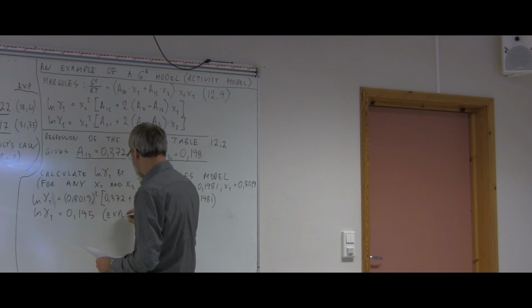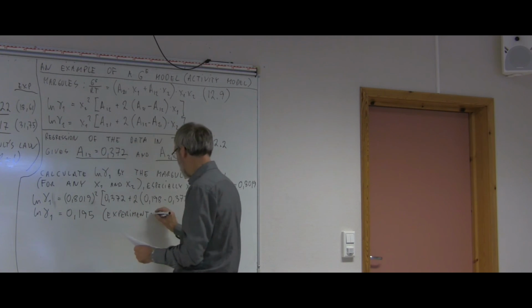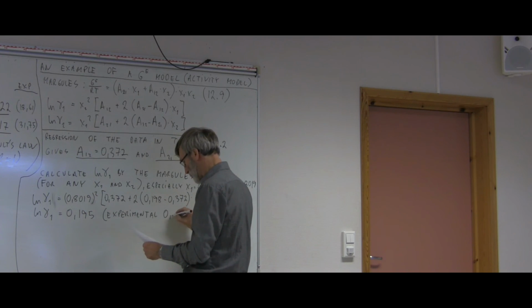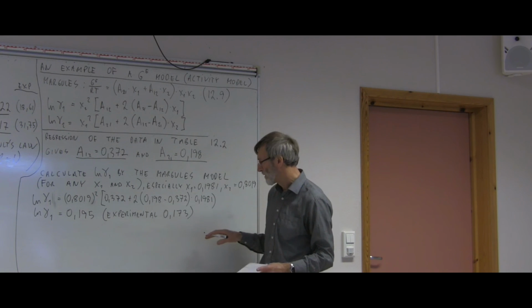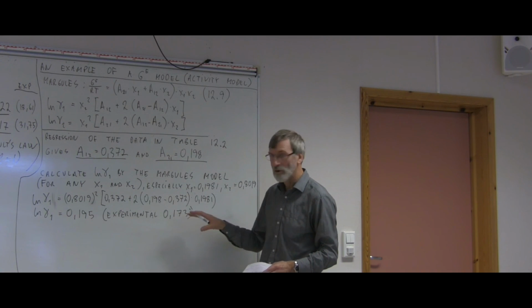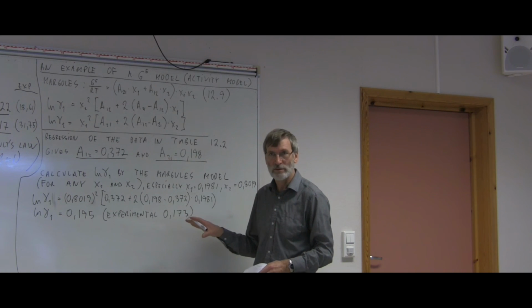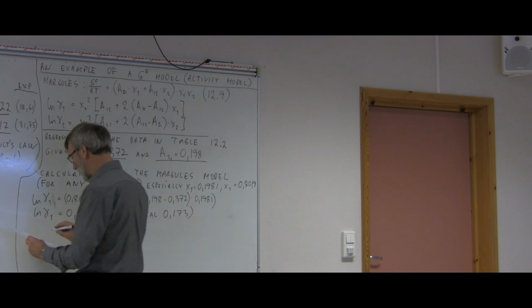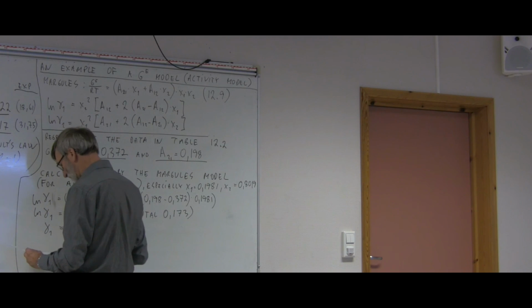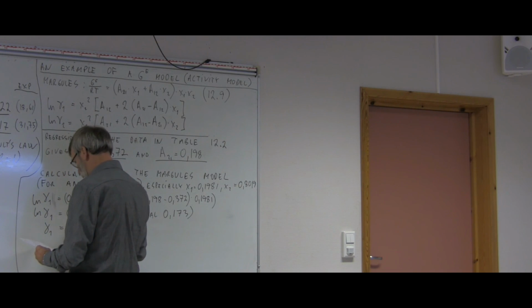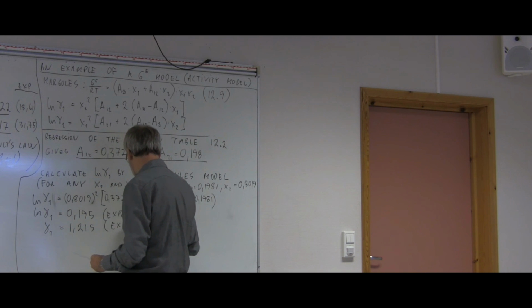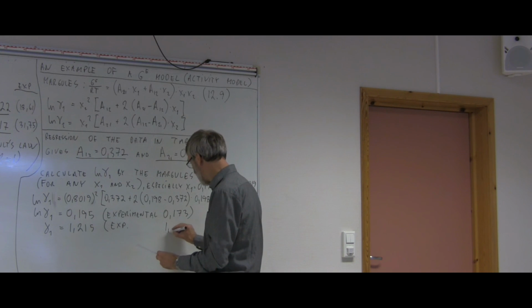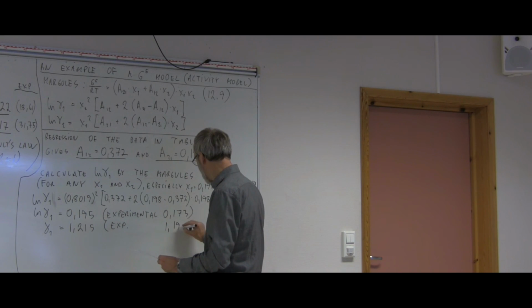We can compare that to the experimental 0.173. I feel more comfortable with the activity coefficient. That is what I regard as the correction factor. That is 1.215. The experimental is 1.190.